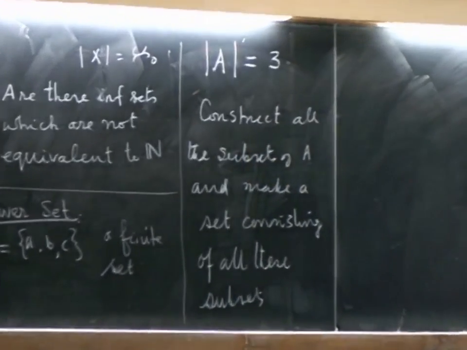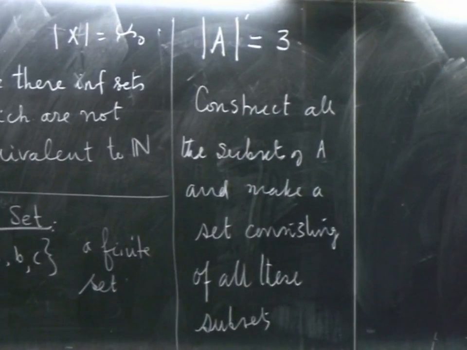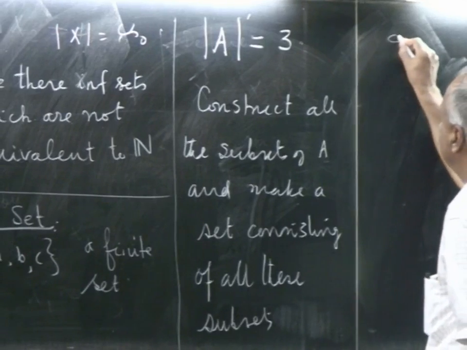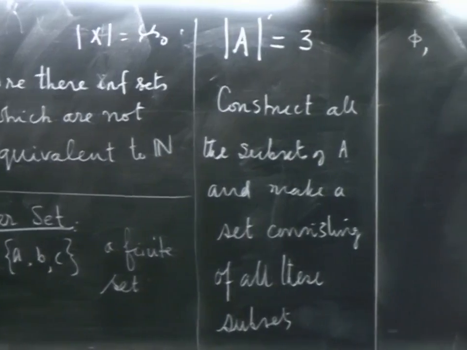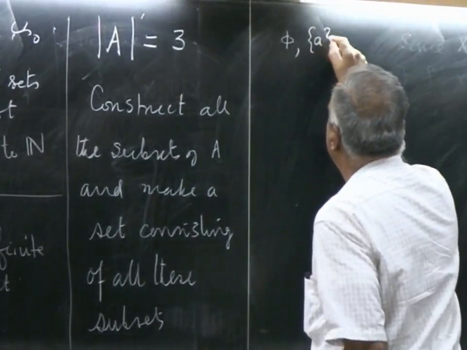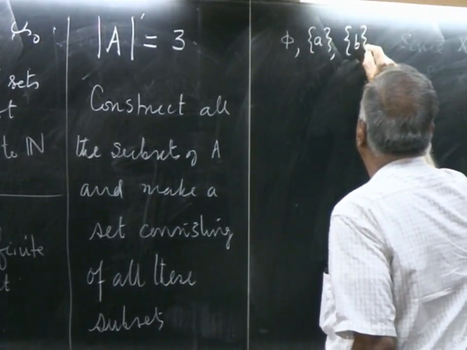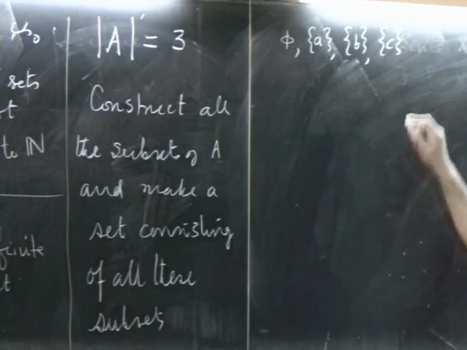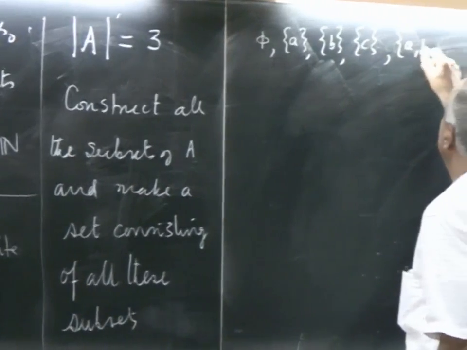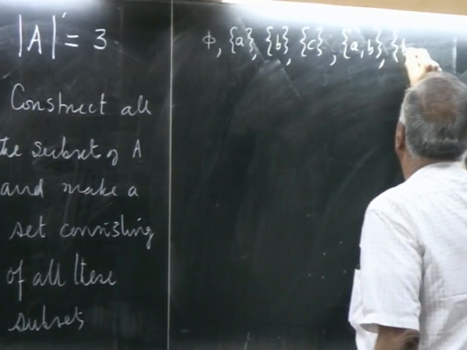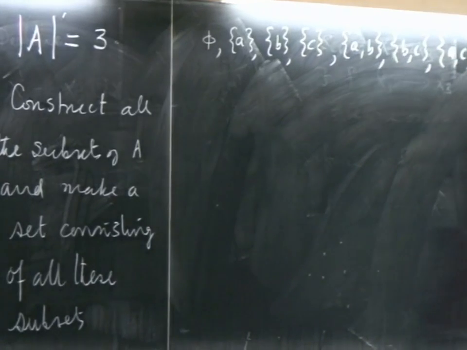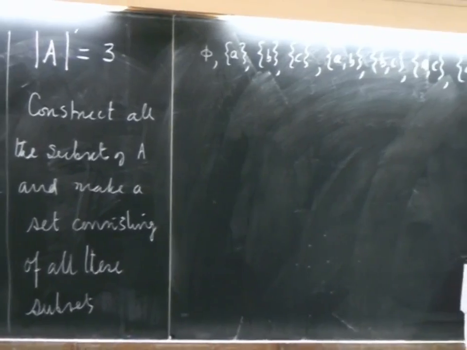I am going to look at it a little bit closely in two different ways. What are the subsets? First, the empty set, and then the way I write will tell you what is happening. I am going to write next all the singleton subsets, then subsets which have two elements, and then the whole set is always a subset of itself.